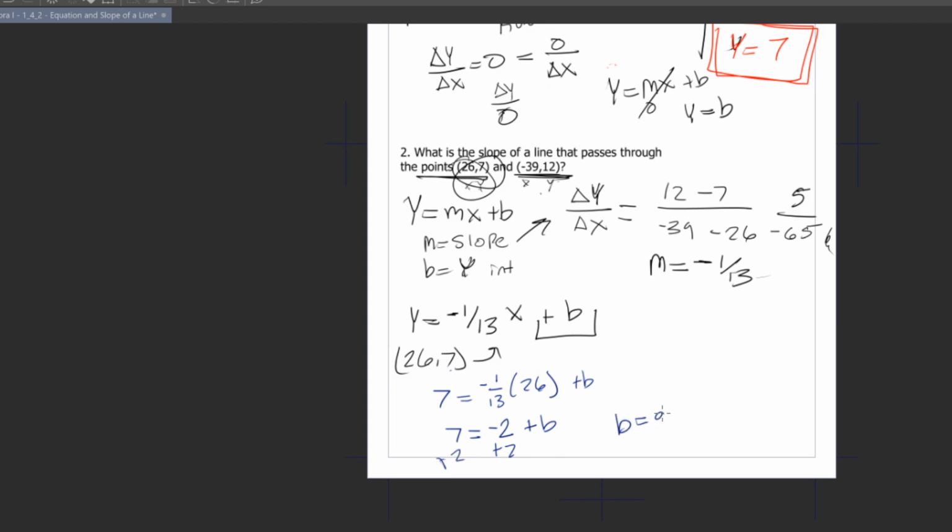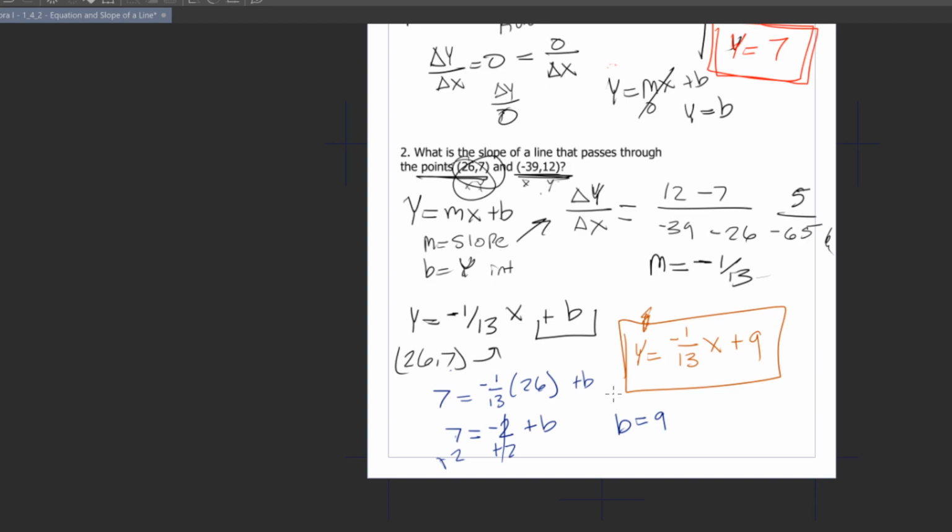So b equals 9. We add 2 here, 7 plus 2 equals 9. That equals b. And putting together our final equation, y equals negative 1 over 13 x plus 9.